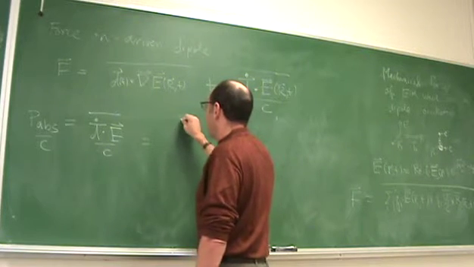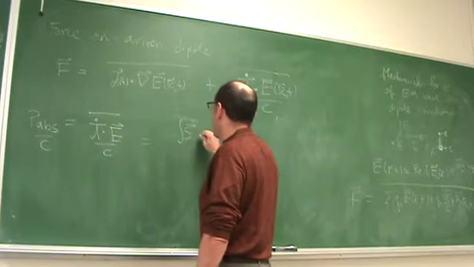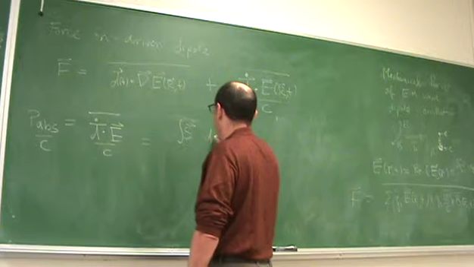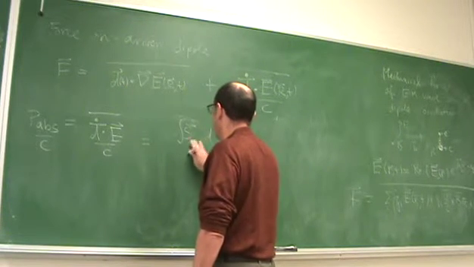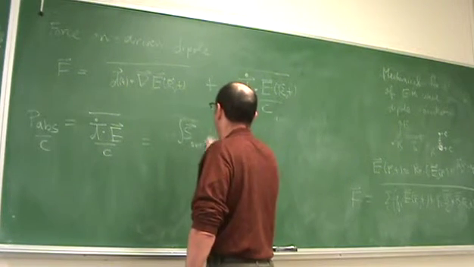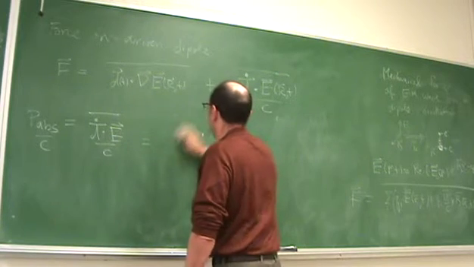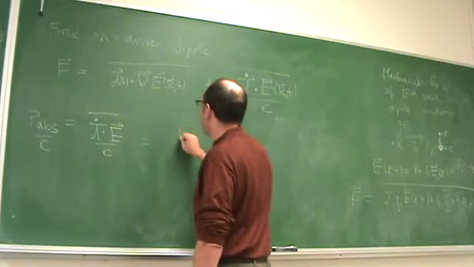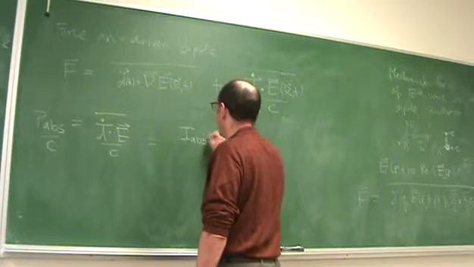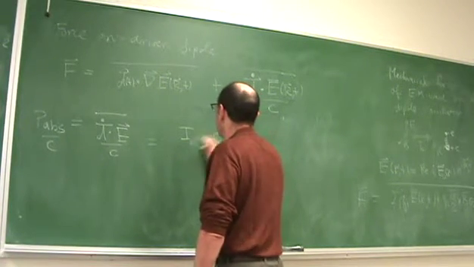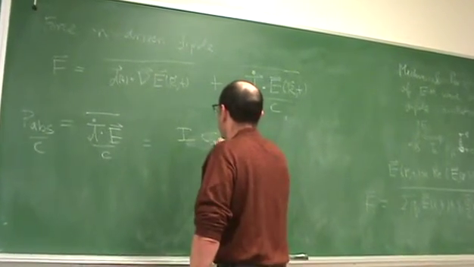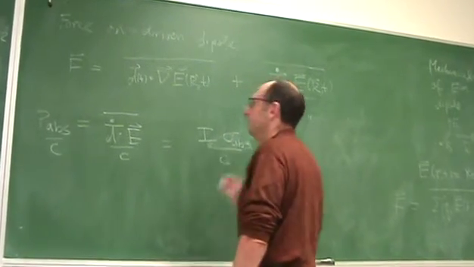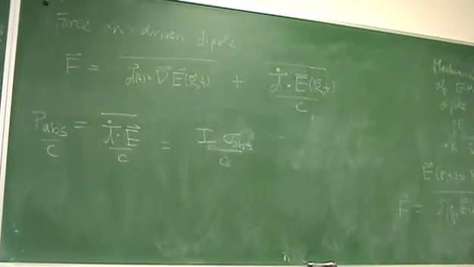And the power absorbed is equal to the integral of the Poynting vector that's absorbed. I should write it this way: the power absorbed is the intensity that's incident times the absorption cross-section.